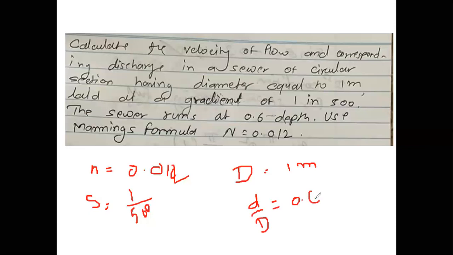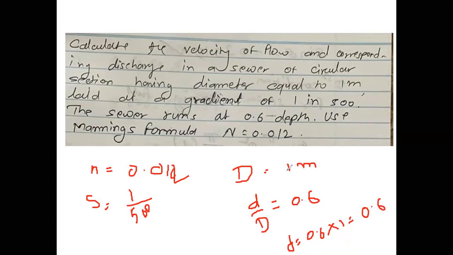So what will be the value of small d? Small d is equal to 0.6 into 1, which is 0.6.